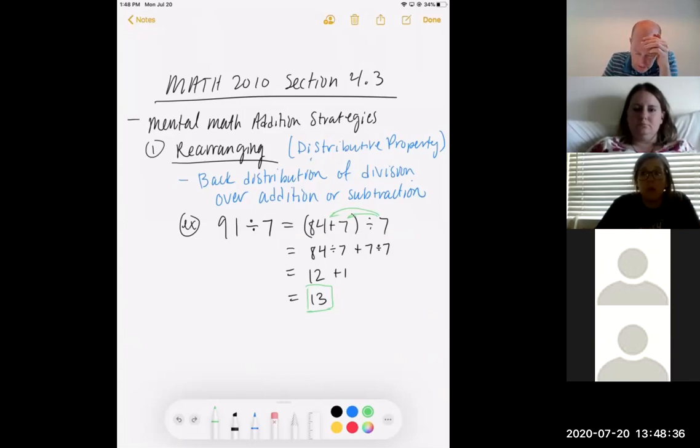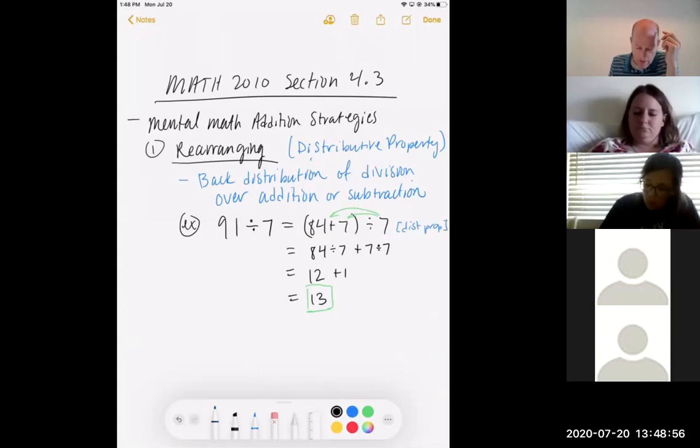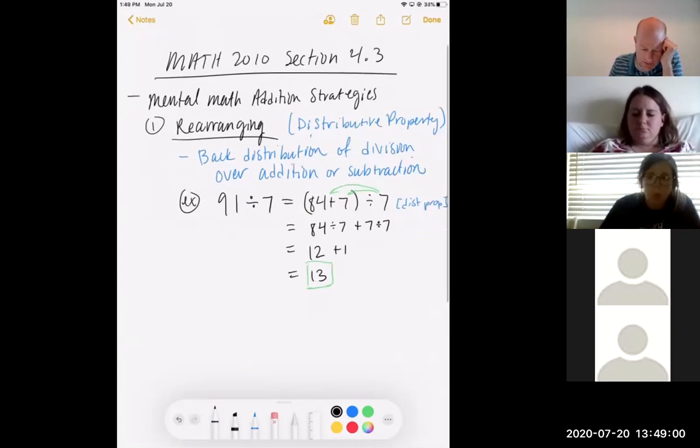Okay, so to illustrate mental math. What I do when I do mental math, I like to put down the property that I use. So this is the distributive property. If I ever use distributive, commutative, or associative, I put those down. Or if I give a clue to my mental math approach, you can write that down, as I'll demonstrate in another problem. Okay, great approach. Does anybody have any other approaches to this problem? Any other ways to solve it?